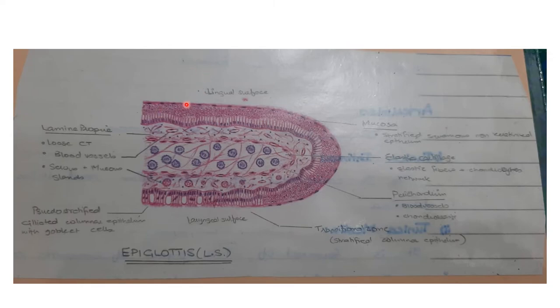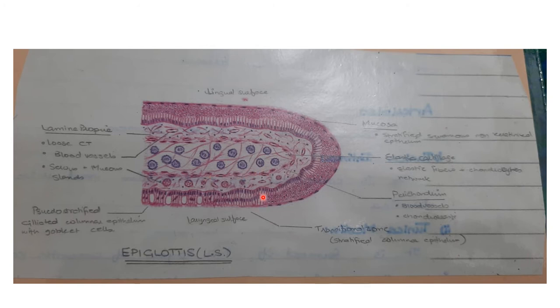Here it will be a bit clearer. This is the lingual surface and the laryngeal surface. The lingual surface is covered by stratified squamous non-keratinized epithelium. Then in between we have the elastic cartilage and its perichondrium.